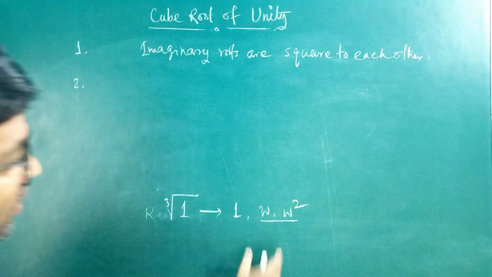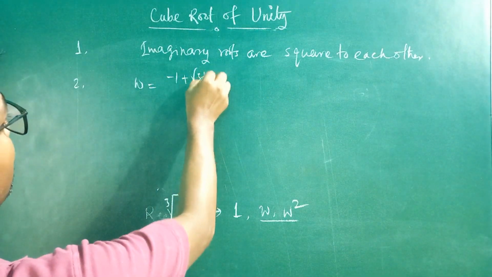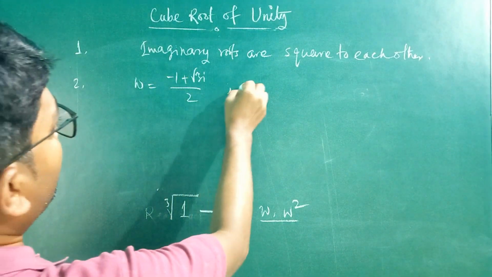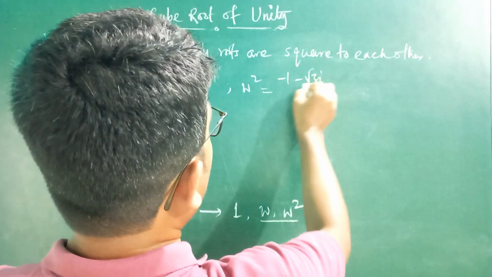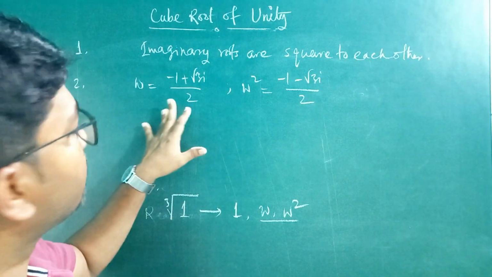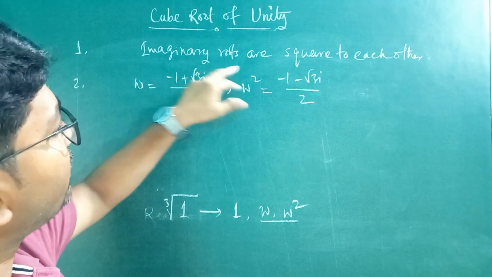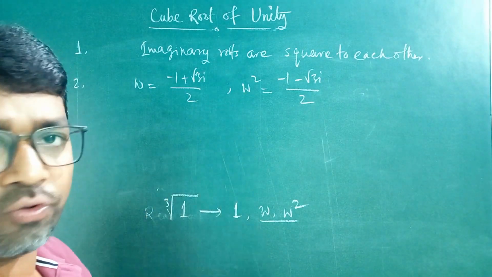Number 2, if you see the values of omega and omega square, omega equal to minus 1 plus root 3 i by 2 and omega square equal to minus 1 minus root 3 i by 2, you can easily understand they are conjugates of each other. The only difference is that the signs of the imaginary part are opposite.